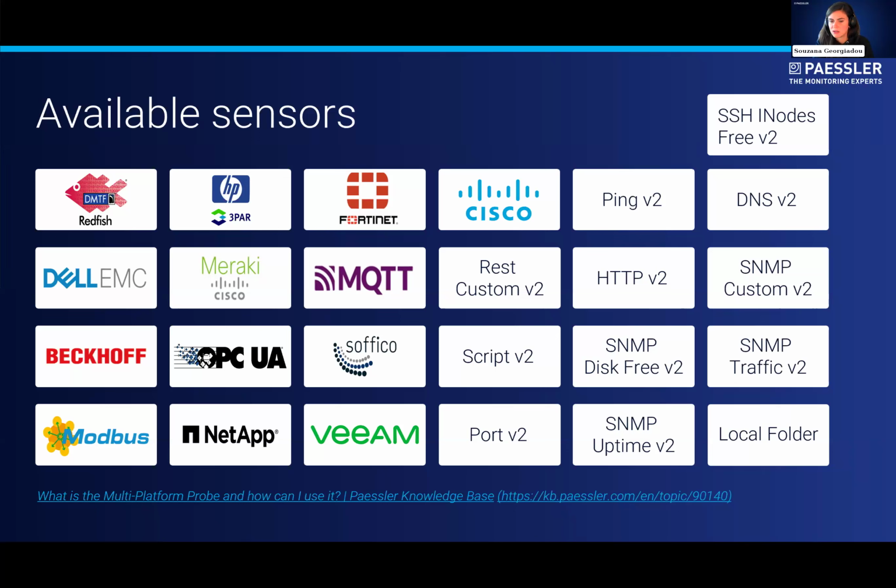So the REST, for example, we have the REST custom v2, the HTTP, SNMP sensors, the script v2 that was introduced earlier. And then you can configure your monitoring system to monitor anything you want with the protocol that you need or want. So now I'm going to hand over to Daniel.